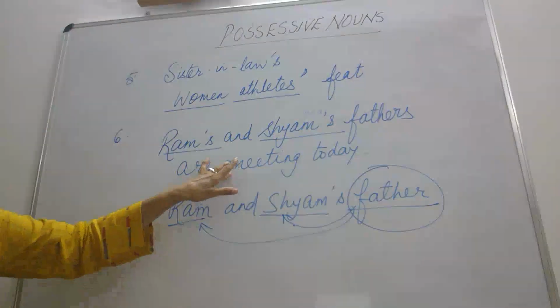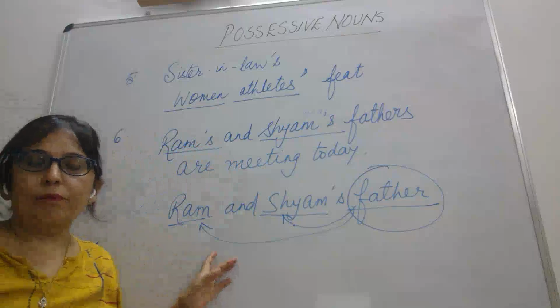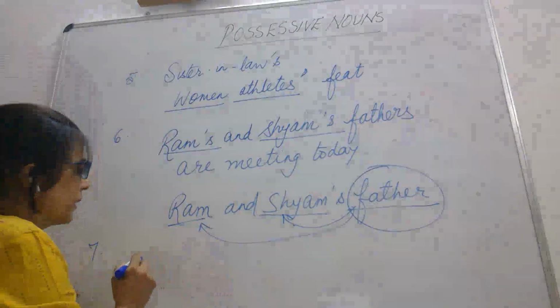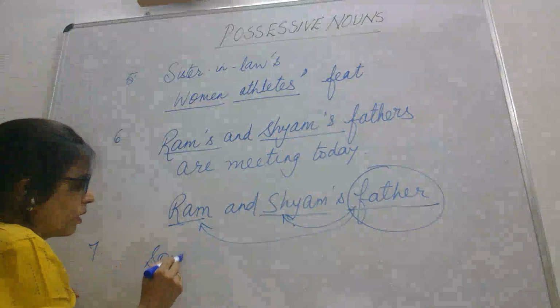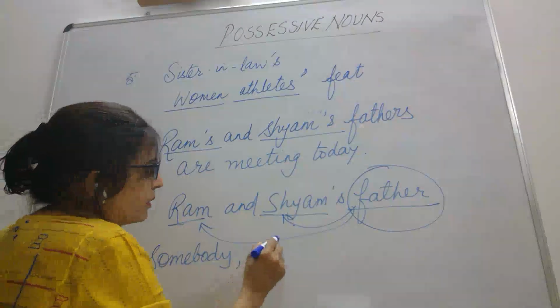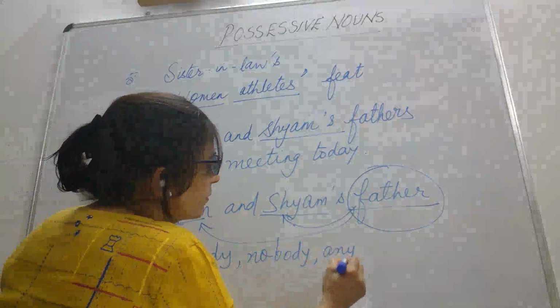Now coming to some of the indefinite pronouns. Indefinite pronouns, for example, somebody, nobody, anybody. These are all indefinite.